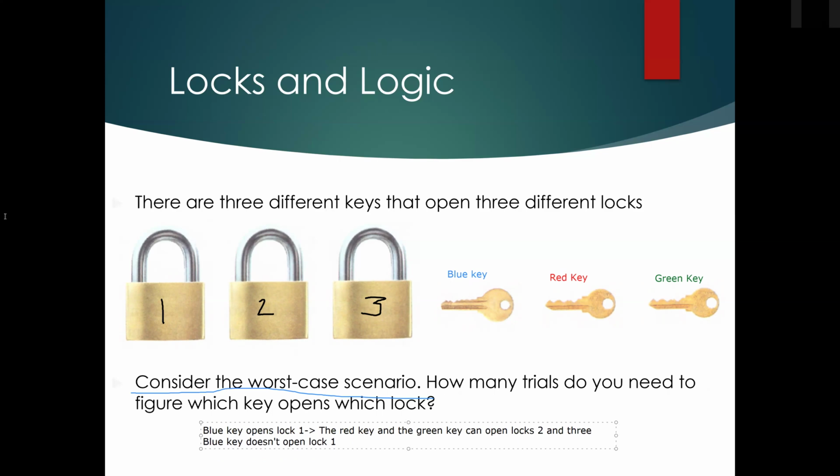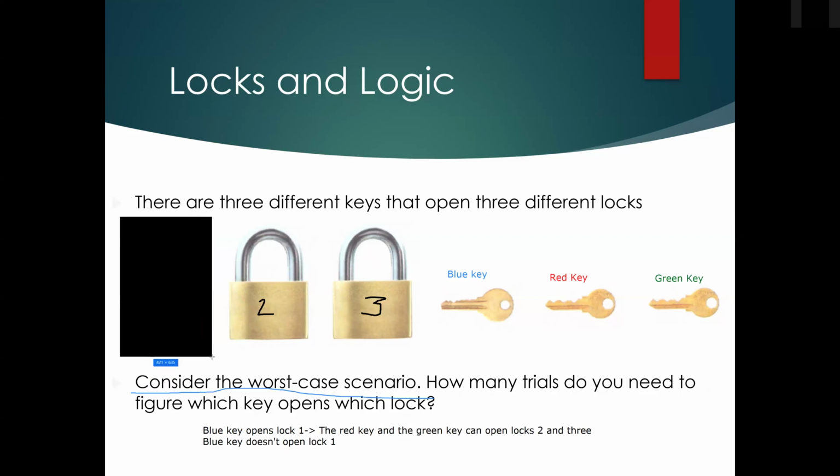And from our last problem, once we know a set can open each other, it's good to block them out because they're already known, right? So let's say we already know the blue key and lock 1 open each other. We're left with the same problem as the one we did before this, where we have 2 locks and 2 keys. From that problem, we know that only one trial is needed to figure out which key opens which lock.